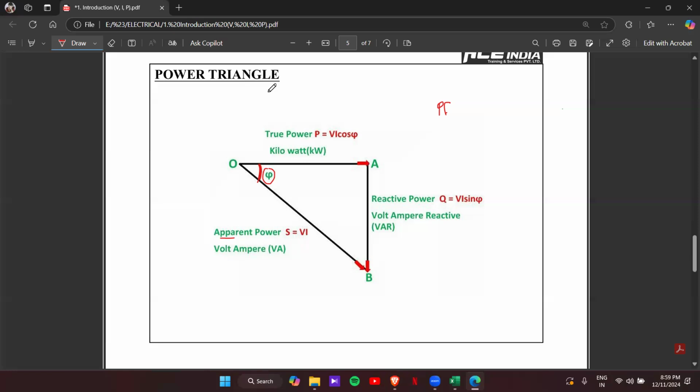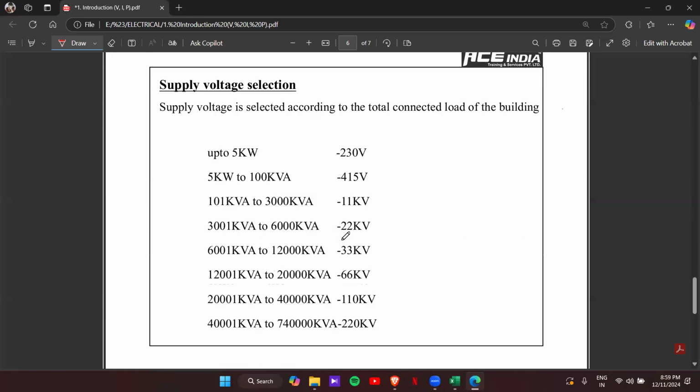So that's our power triangle. And this one I already mentioned, the supply voltage selection. If you have a 5 kilowatt load, you'll have a single phase connection, that is 230 volt. From 5 to 100 kVA will have three phase connection with 415 volt.